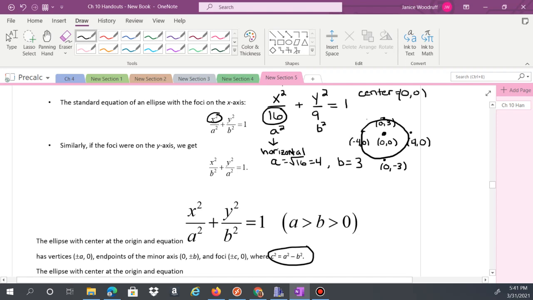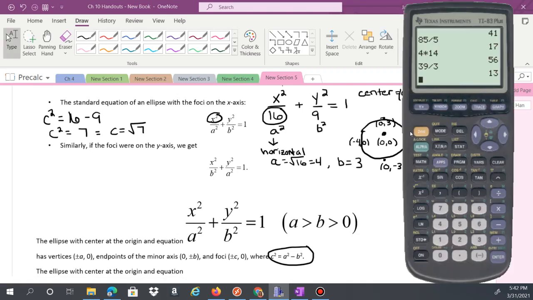Okay, now if I want to find the foci, then I use c squared equals a squared minus b squared. Okay, so I have that c squared equals a squared 16 minus b squared 9. So c squared is going to equal 7, which means c is going to be the square root of 7, which is roughly 2.6.